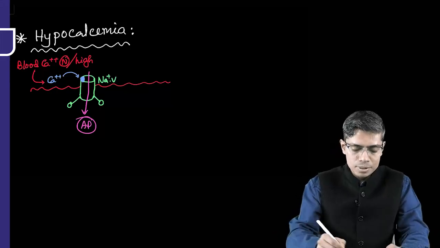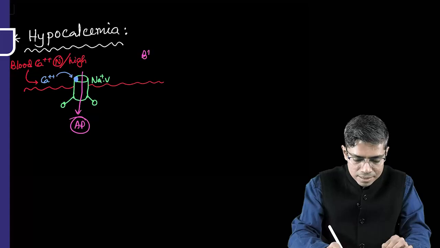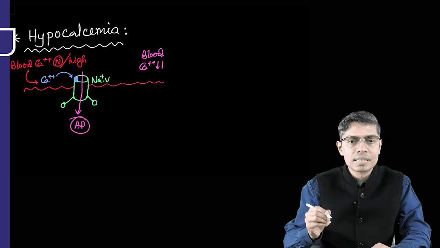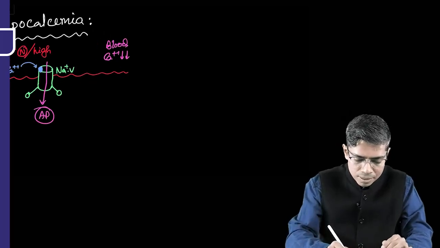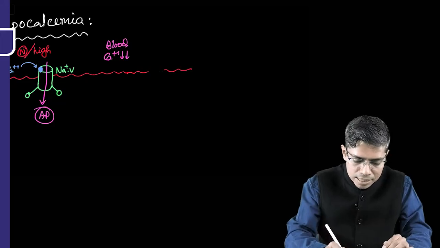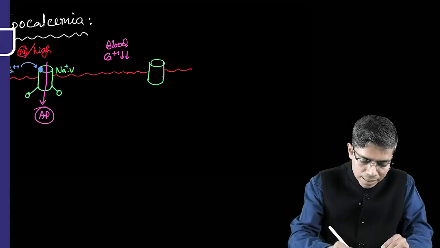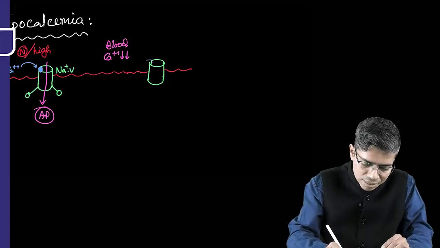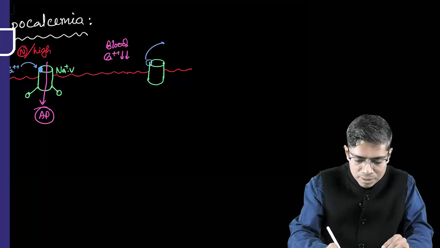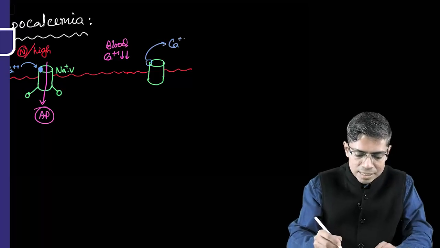So action potential will be generated, but with a little difficulty. But now suppose the blood calcium is low, decreased. So what will happen? The main target is to maintain the blood calcium, not to occupy this voltage gated sodium channel. The calcium which was attached here will be detached from this voltage gated sodium channel.